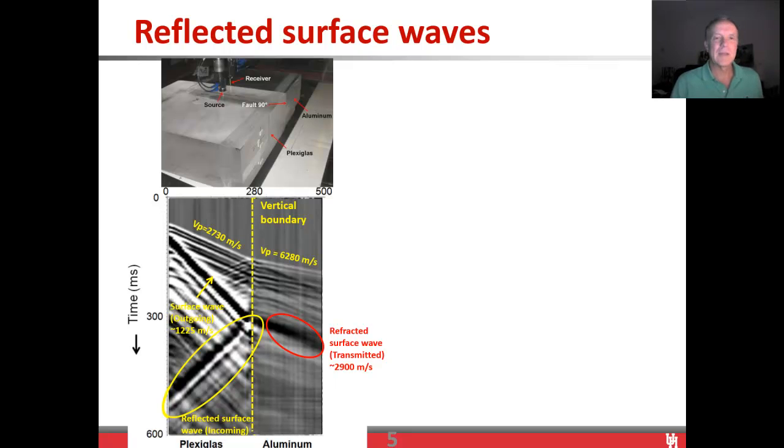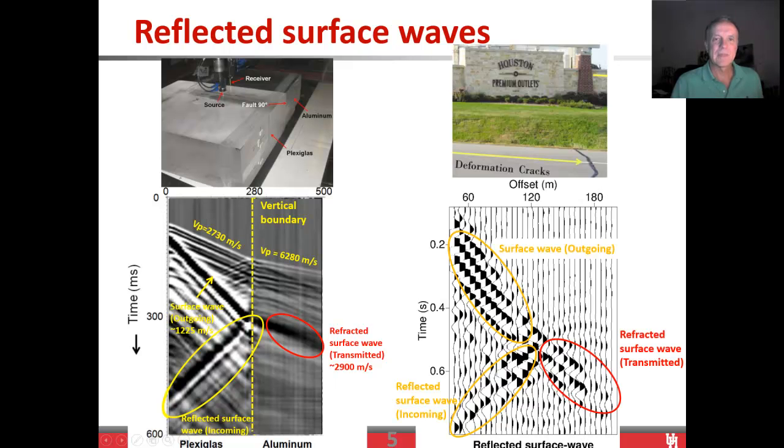In the plexiglass, we can see the lower velocities of the direct arriving P waves, and then the velocity of the ground roll. Now the ground roll hits the interface and transmits, but as well the ground roll reflects. And it's that reflecting ground roll that interests us.